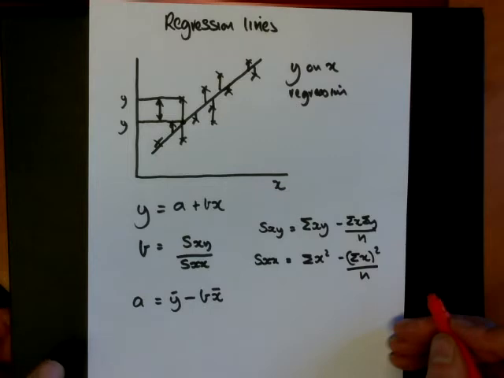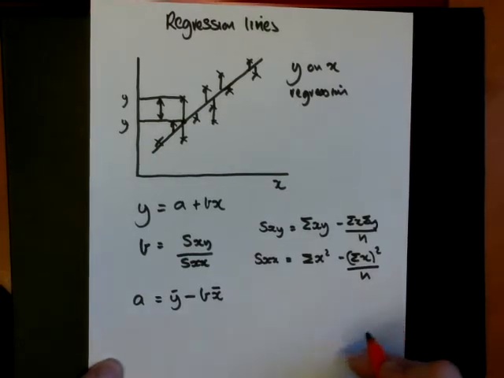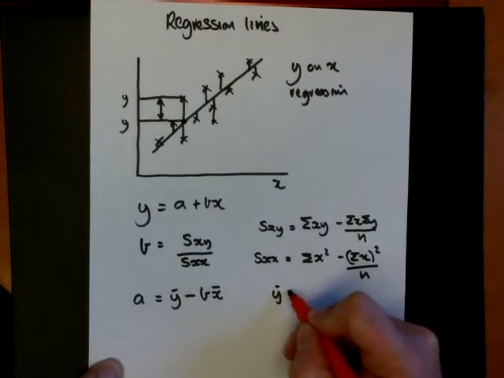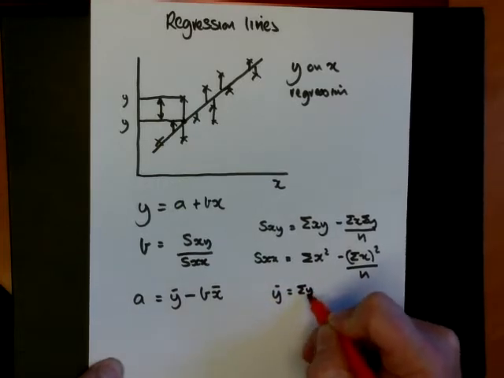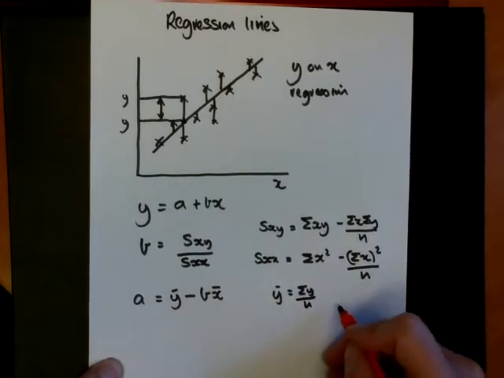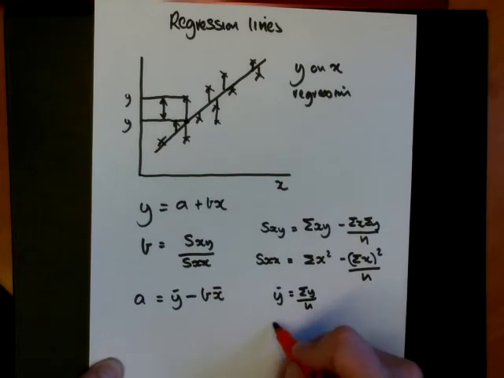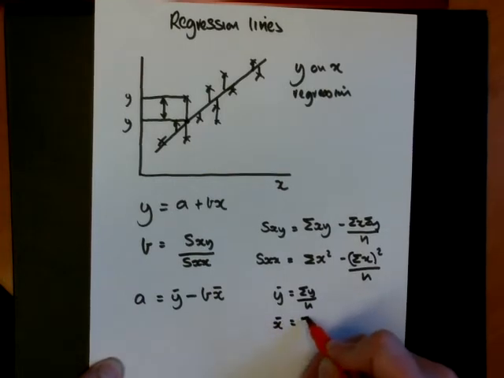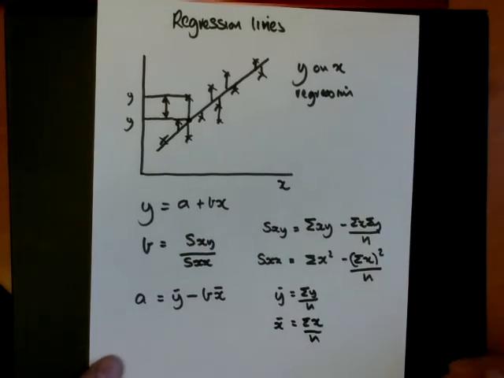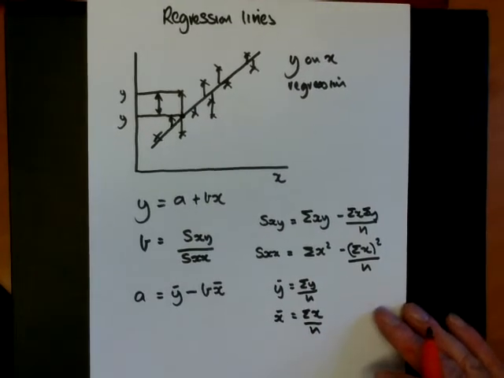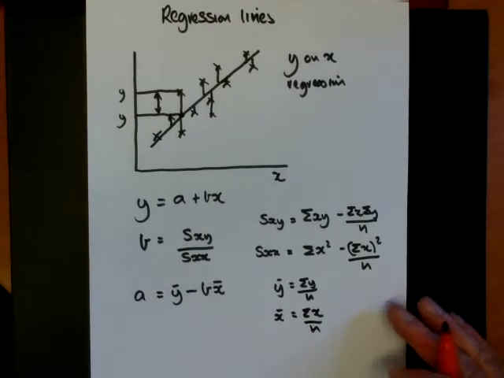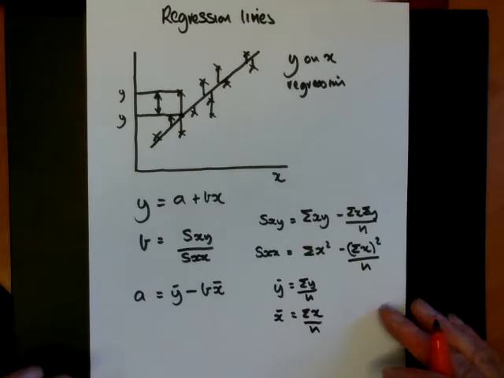Okay, so we need those summary values. We also must remember that we need to know the mean of y, and it would be a bit daft if we forgot that when we were able to do the harder bits of the problem, and the same for the mean of x. And that is essentially all the information that you need to work out the line of best fit, a y on x regression line.